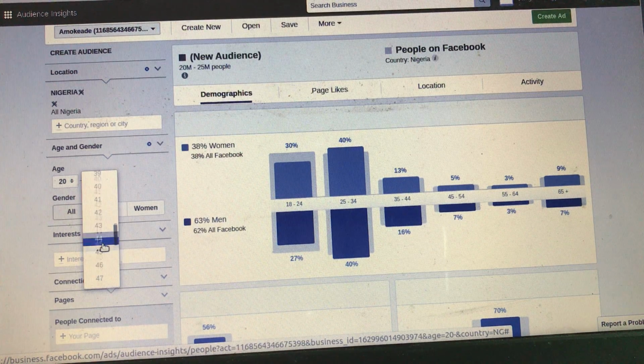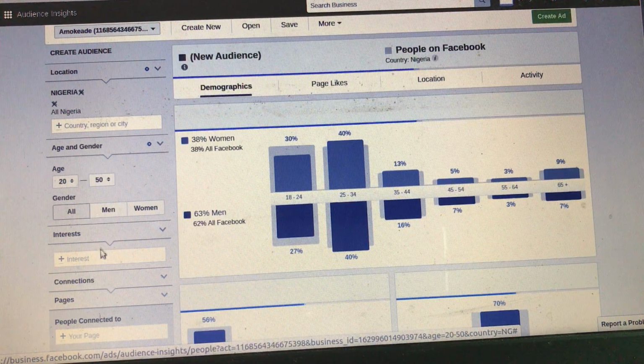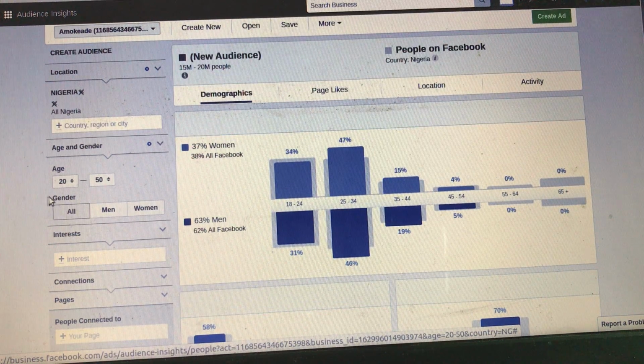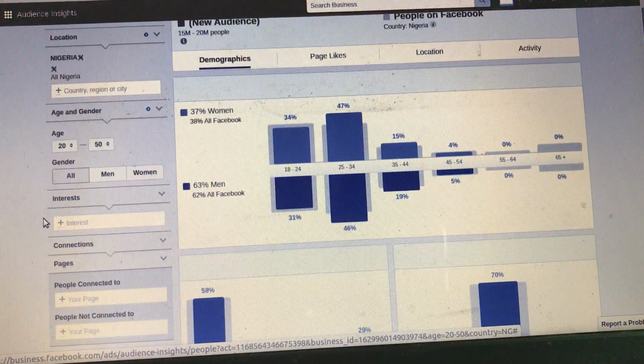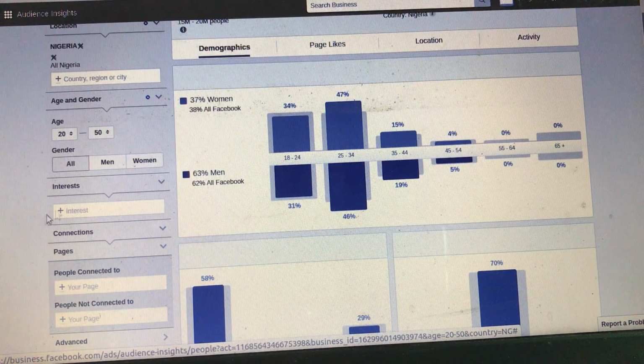You can choose whichever age you want actually, but let's just assume your audience that you are serving are from 20 years old to 50 years old, and let's say they are both genders, male and female. You can choose to change the gender to either men or women alone, whichever one you want.